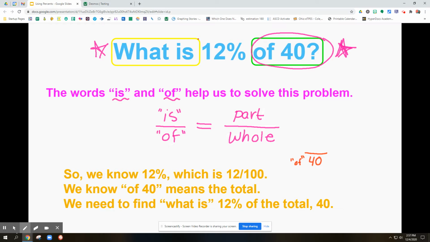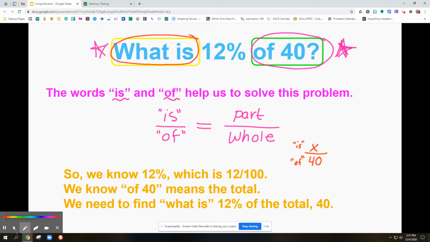I put a box around what is, because when you look at the word is, we don't have a number that goes with it. We're trying to figure out the is. We don't know what it is. So we're going to put an X. Anytime there's a variable in math, it means that we're trying to find what that variable is. So this is your is over of.